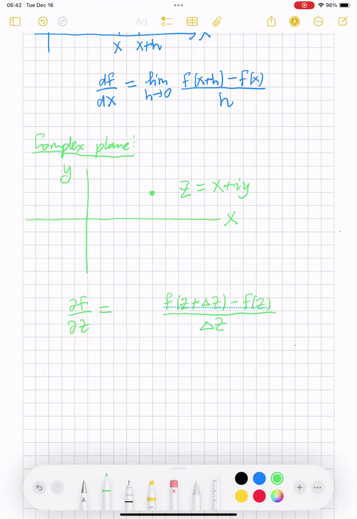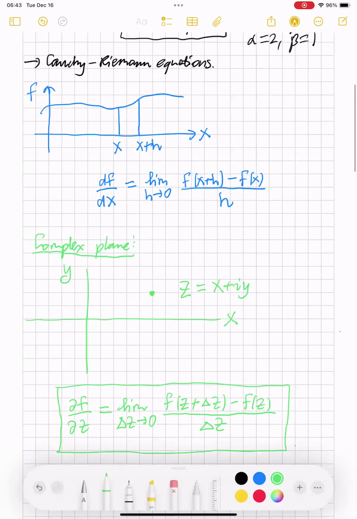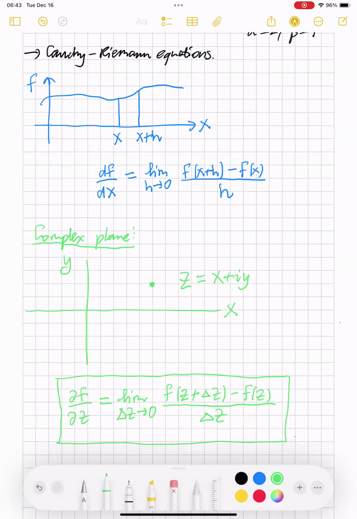And we get this derivative when we take the limit that delta z goes to 0. The reason why we are looking at this formula for the derivative is that we are now going to argue that the Cauchy-Riemann equations are the conditions for a function to be complex differentiable.